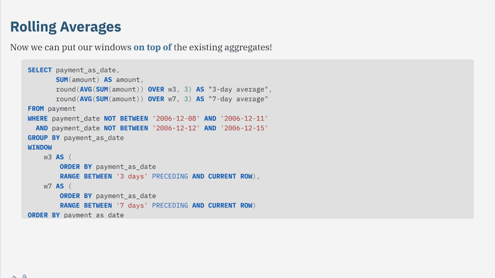So this is using window functions over a grouped table. The sum amount is all of the payments of that day. That was correct, I'm sorry, I misled you before. We have all the payments of the day as the sum amount, and then we're averaging those sums. So you've got a window function over an aggregate function.